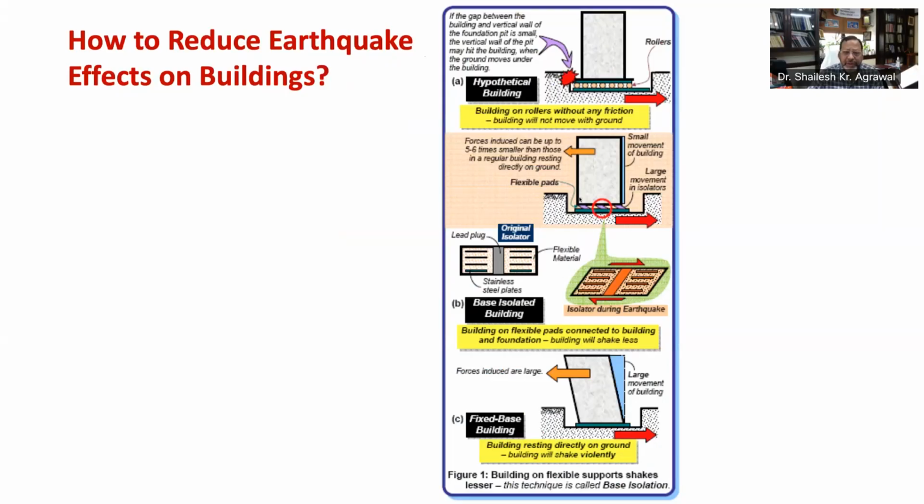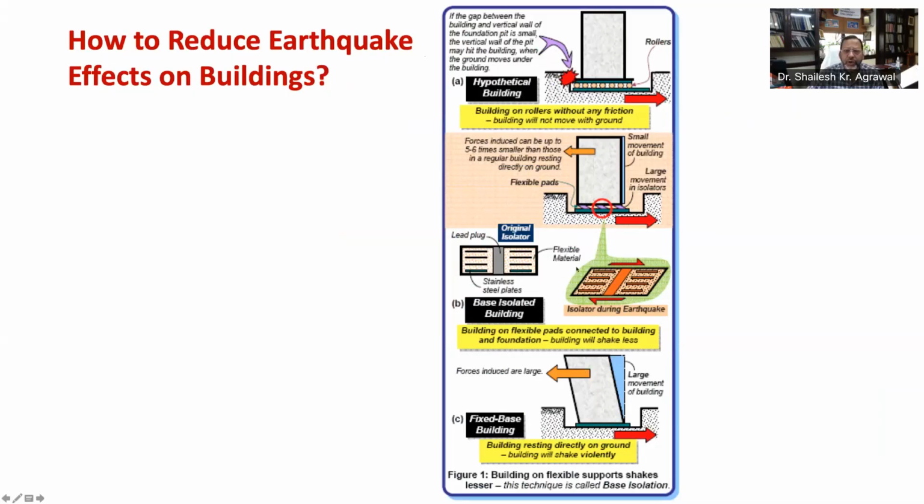If the flexible pads are properly chosen, the forces induced by the ground shaking can be few times smaller than that experienced by the building directly on the ground. Such a fixed base building is shown in 1C. Therefore, base isolated buildings experience less forces than the buildings which are directly attached to the ground.